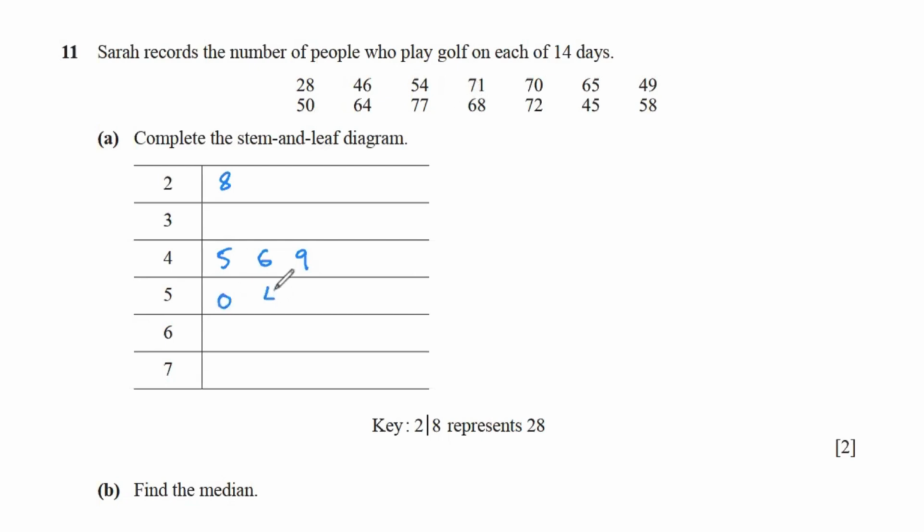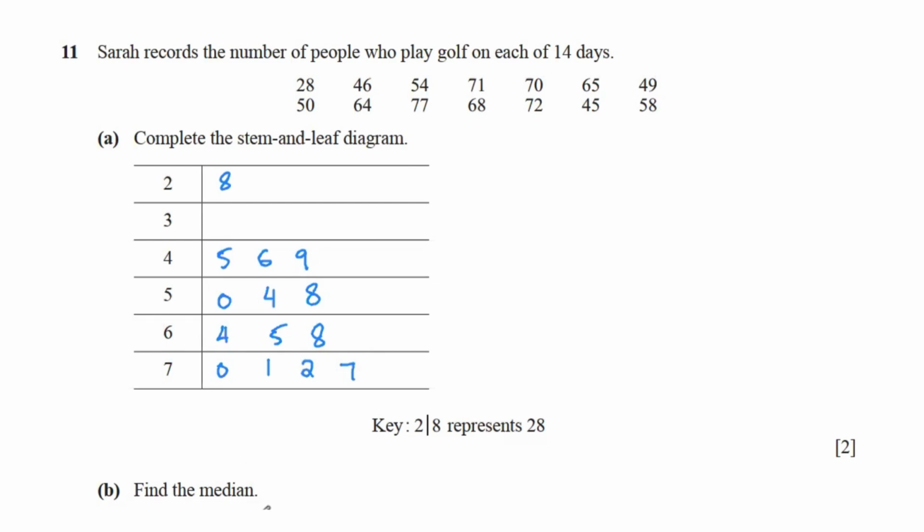So 0, 4, 8. For 60s, we have 64, 68, and 65. 4, 5, 8. And lastly, for 70s, we have 70, 71, 72, and 77. So 0, 1, 2, 7. This is our complete stem and leaf diagram.